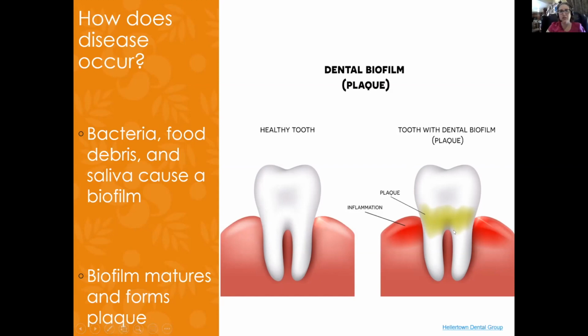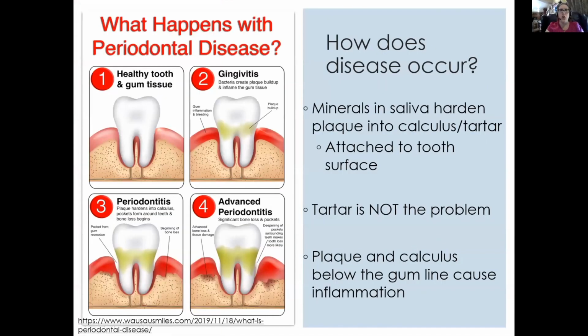And then that biofilm eventually matures and starts to mineralize and causes plaque. Plaque begins to cause a little bit of an inflammatory response because it is foreign material that is sticking to the tooth surface. So you have the plaque that sticks to the tooth surface that then in turn causes some inflammation of the surrounding gum tissue. Once those minerals begin to harden, it turns into calculus or tartar.